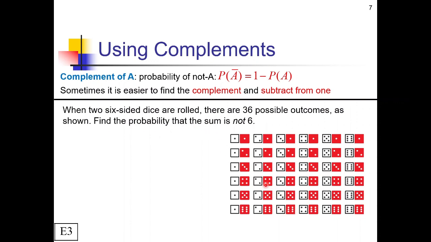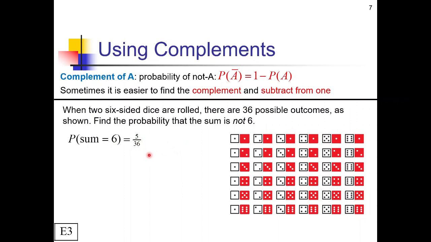Now, taking a look at these numbers, just going by row or column by column here, 1 and 5 adds up to 6. That's our first one. And if you look at the diagonals here, the diagonals, the way this is set up, have the same sum. So we have 2 plus 4, 3 plus 3, 4 plus 2, and 5 plus 1. So there's a total of 1, 2, 3, 4, 5 different possibilities where the sum is going to be 6. So 5 out of 36.